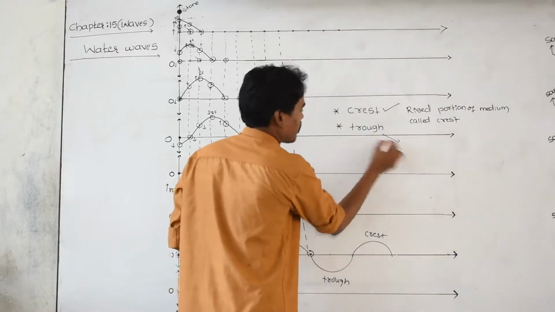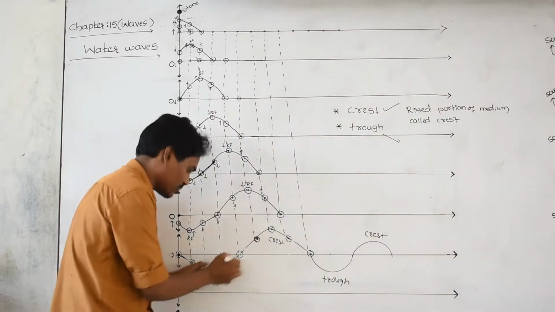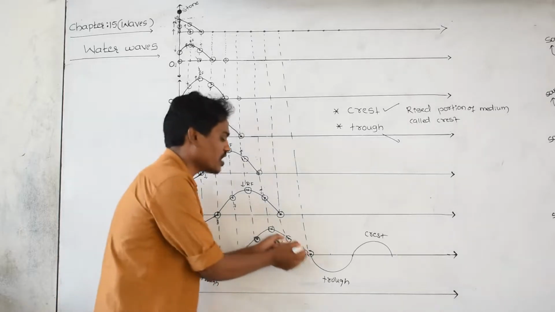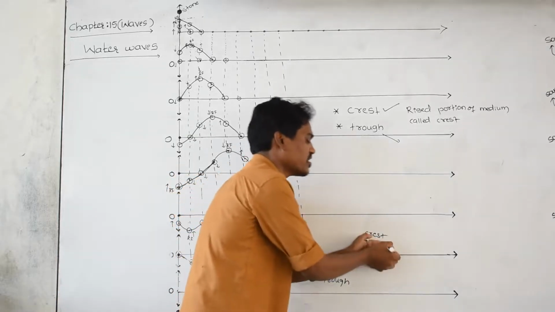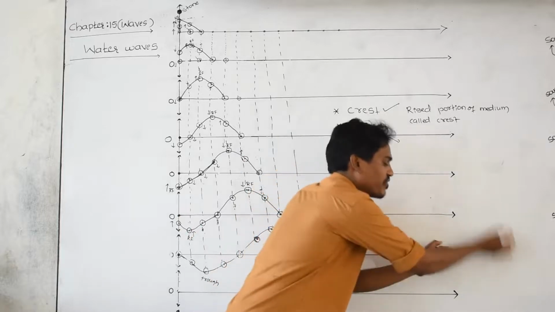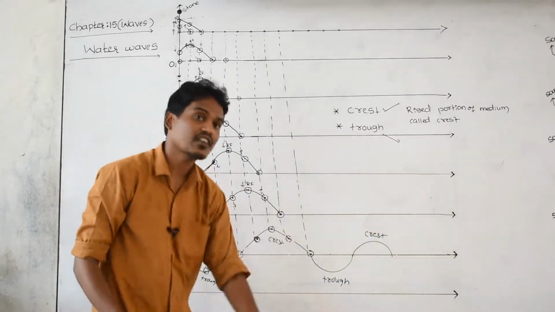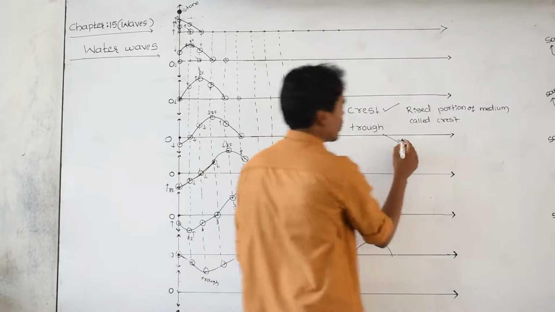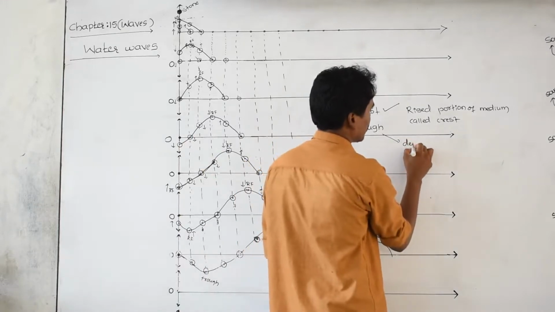Next, what is the trough? The depressed portion. This is the raised portion, this is the depressed. This is a rise, depress, rise, depress. Depress means the lower part, the depressed portion.